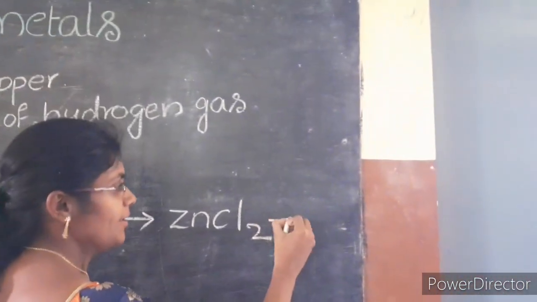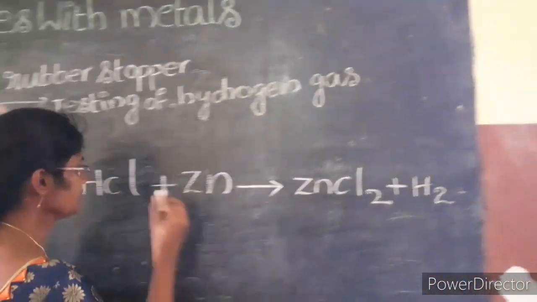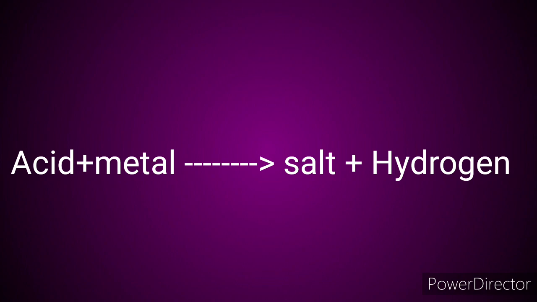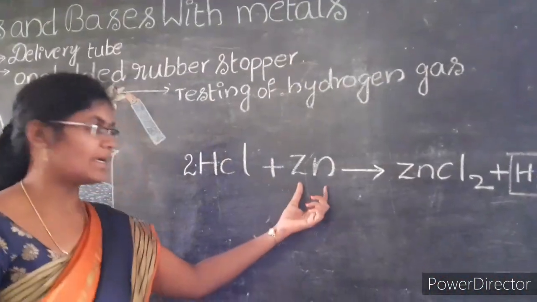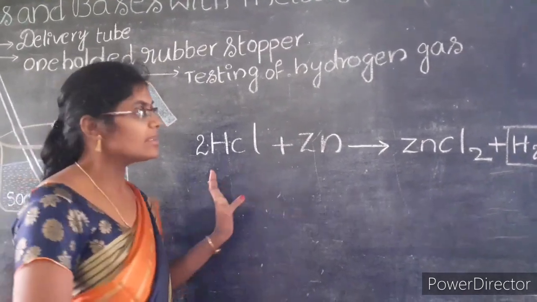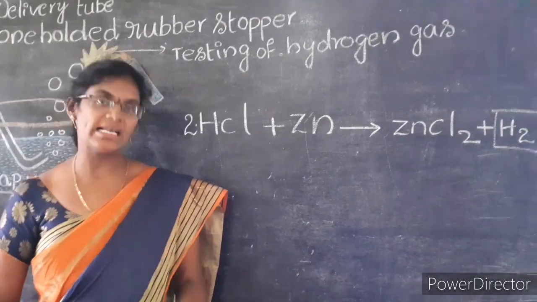This is the salt plus hydrogen. When acids react with metals, they produce salt and hydrogen gas. So, not only one single metal. If you take any metal, when acids react with any metal, they produce hydrogen gas. Then this is about acids.